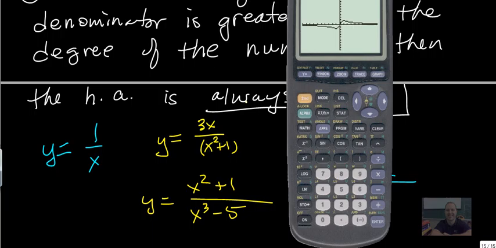There's no value for x that is disallowed or restricted. Why? Because if x is any number, it's going to be 0 or positive when it's squared. If x is 0, 0 squared is 0, not negative. If x is negative 5, when you square it, you get 25, right? So this will always be positive, never be 0. So there's no vertical asymptote.